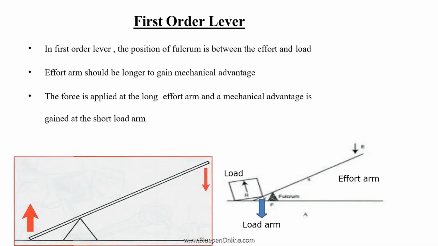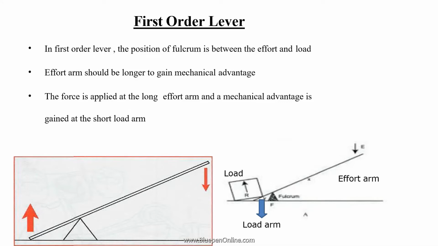Now what is the first class lever? As you can see in the picture, the fulcrum is in between the effort and the load. I hope you're following. See this picture? The fulcrum is in between the effort and the load.